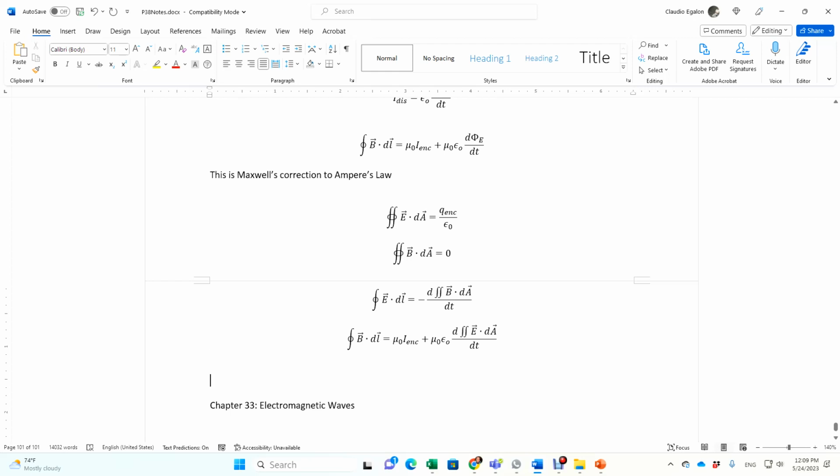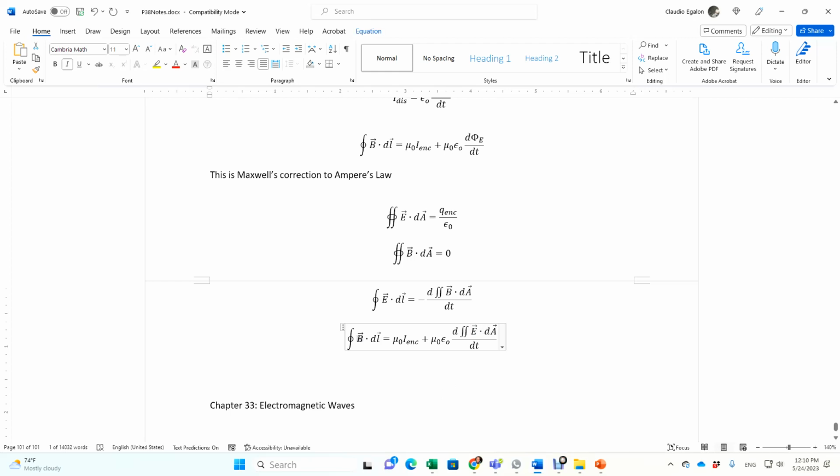This was a major theoretical achievement, and it has very important consequences. One of the consequences is the following. If a changing magnetic flux induces an electric field, this set of equations is also telling us that a changing electric flux also induces a magnetic field.